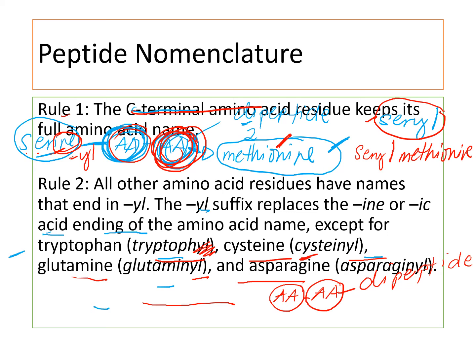Now, for example, the name of this amino acid is glutamine. And the name of the second amino acid is, let's say, alanine.